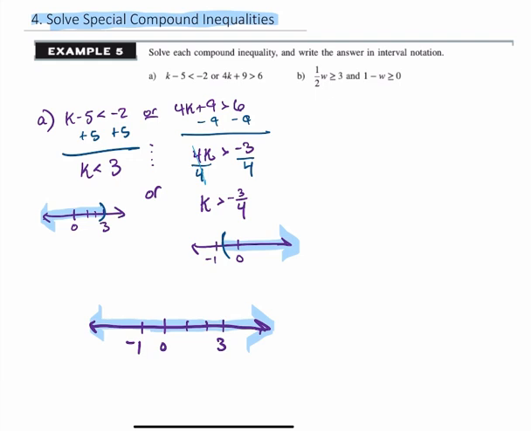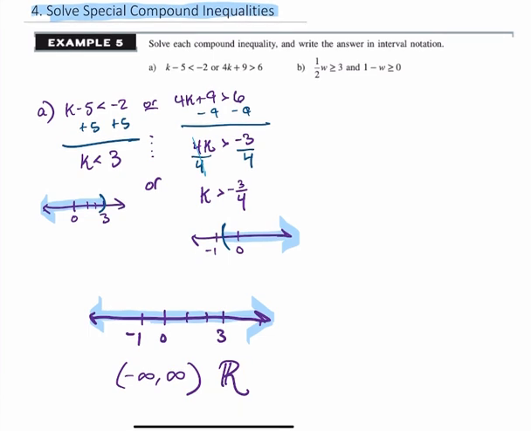So this solution is all real numbers. In interval notation, we'd say from negative infinity to positive infinity. If you're using some kind of set notation, we would use the all real number symbol. So sometimes you might get the whole number line if you have an or statement.